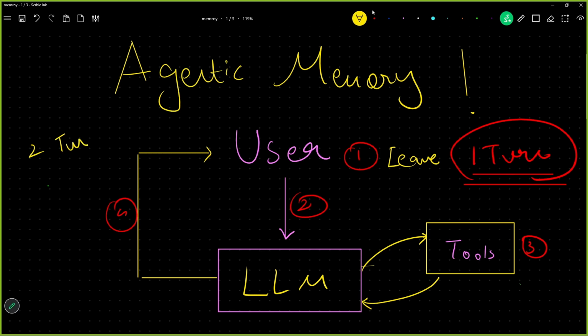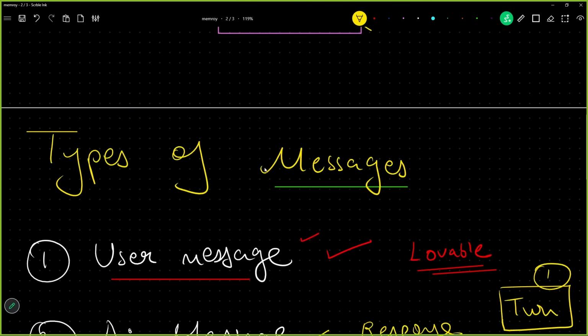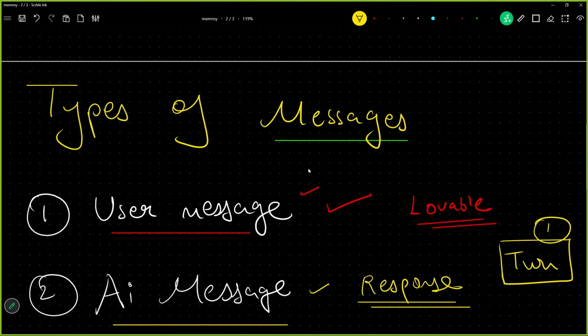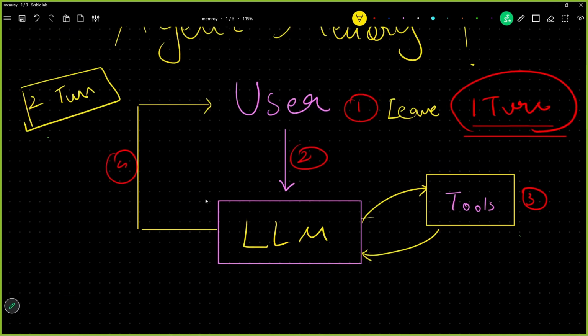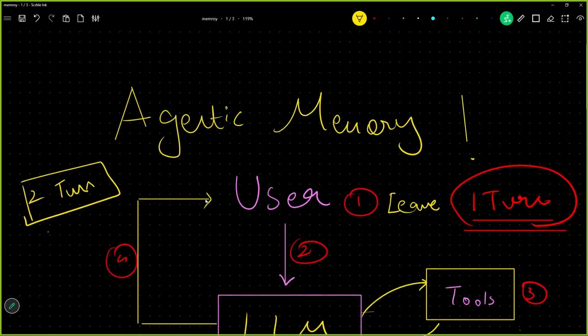The whole point of telling you what a turn is and what the different kinds of messages are, which an AI agent takes as input or which the agent maintains, is that they are all essential for contributing to memory. Now, what do I mean by this?